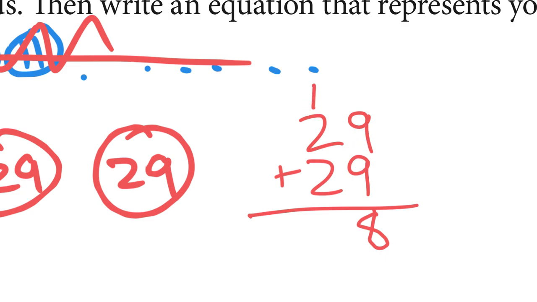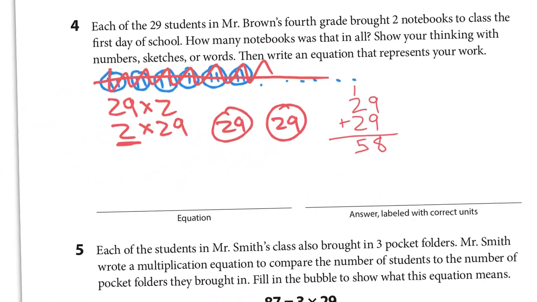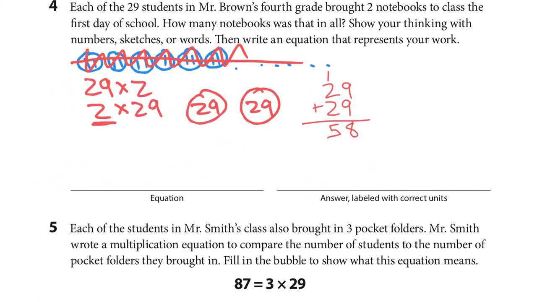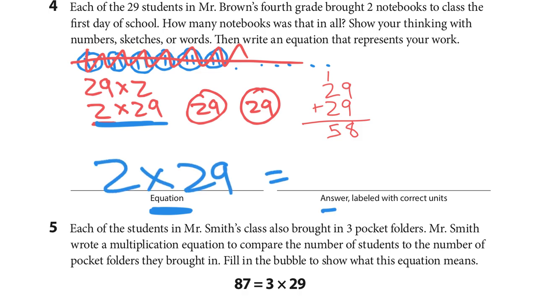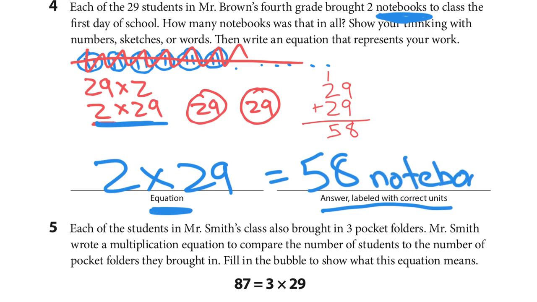Now that I've added the 9s, I can add 2 plus 2 plus 1, which is 5. So 2 times 29 is 58, and what are we counting? It says up here in the problem, we are counting notebooks. It's nice to always be aware of what we are calculating, okay?